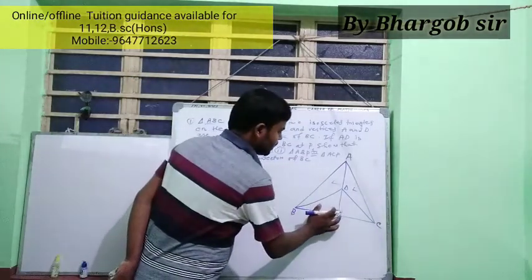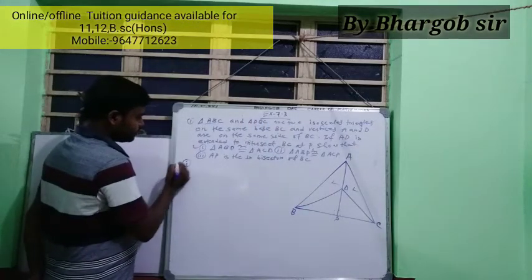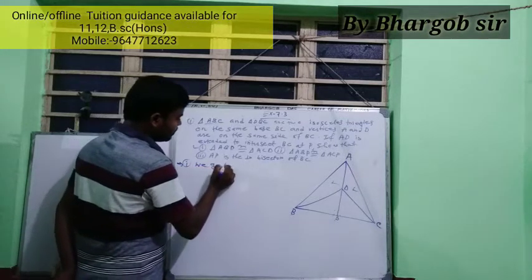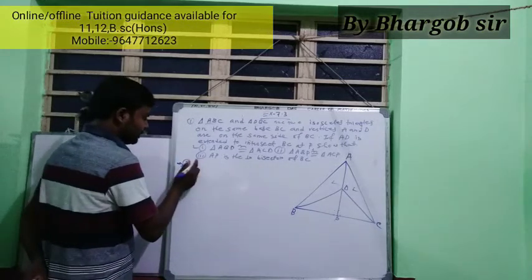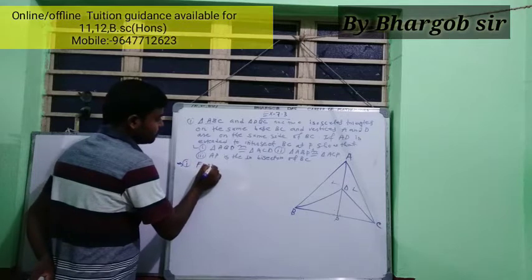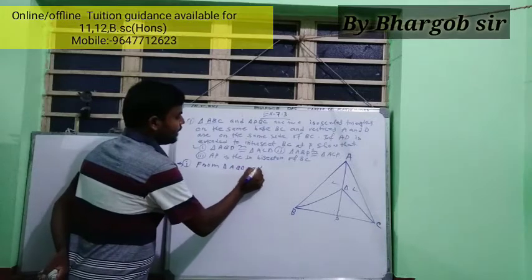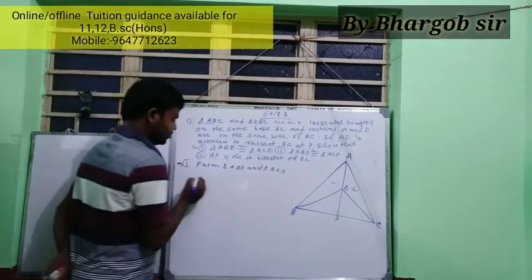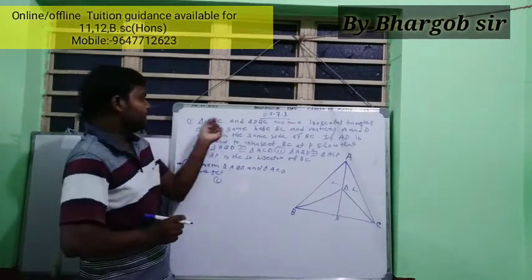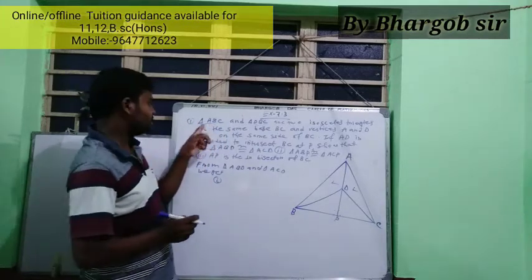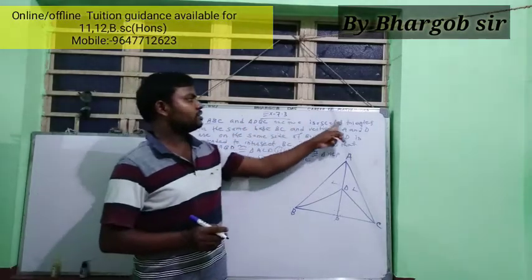So let us prove problem 1. First, what is given. From triangle ABD and triangle ACD, we get, number 1, we have said that triangle ABC and triangle DBC are two isosceles triangles.